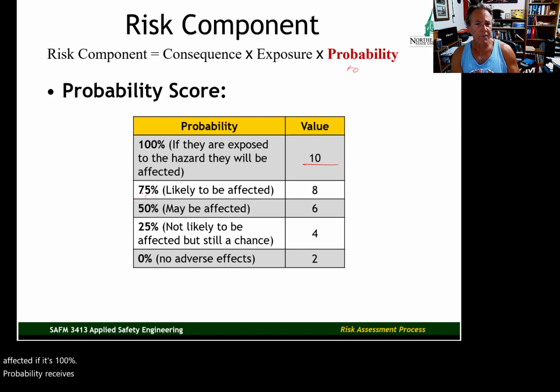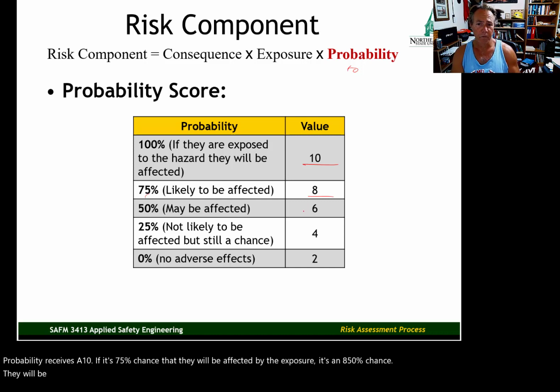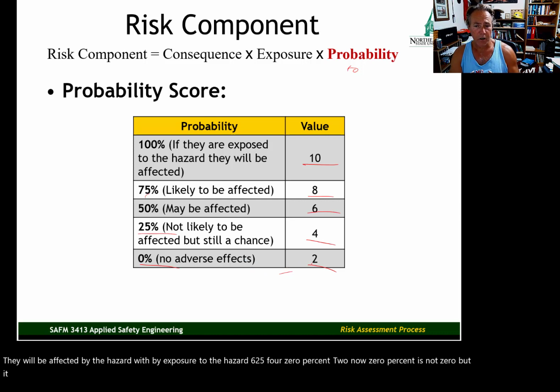If it's a 75% chance that they will be affected by the exposure, it's an 8. 50% chance they will be affected by exposure to the hazard, 6. 25%, 4. 0%, 2. Now 0% is not 0, but it's not assigned a value of 0. It's assigned a value of 2 in this strategy.